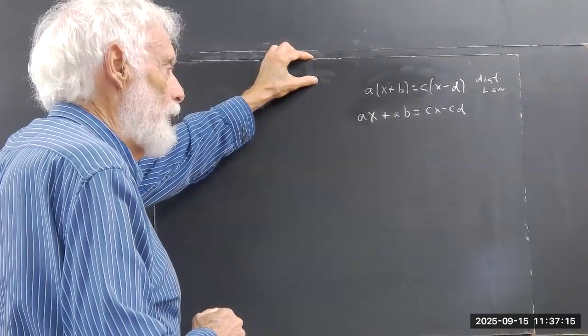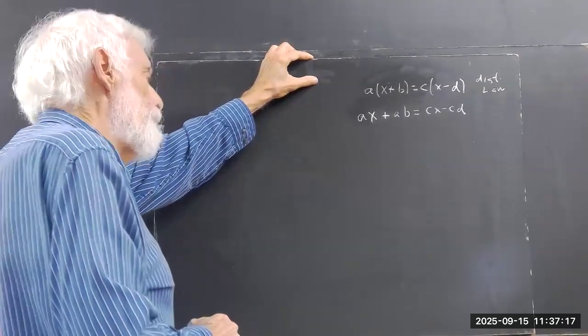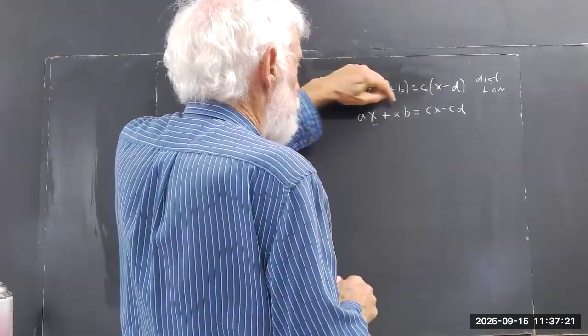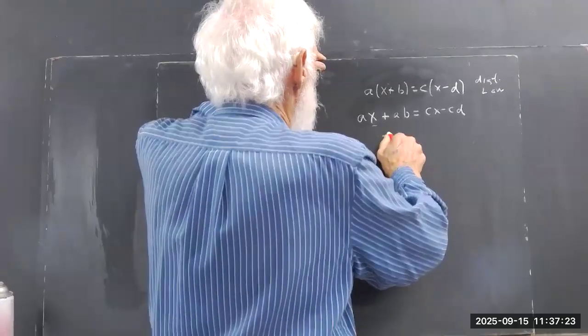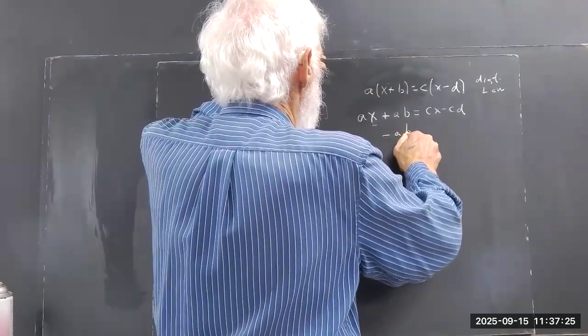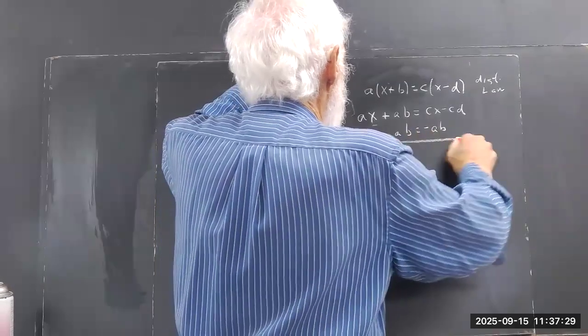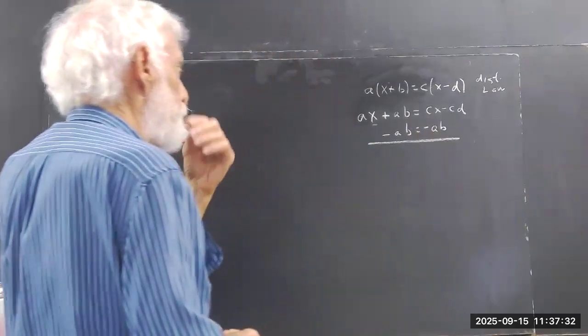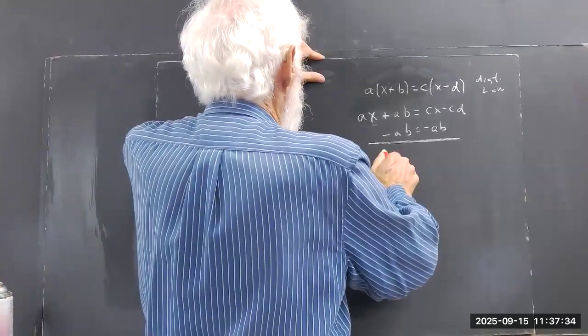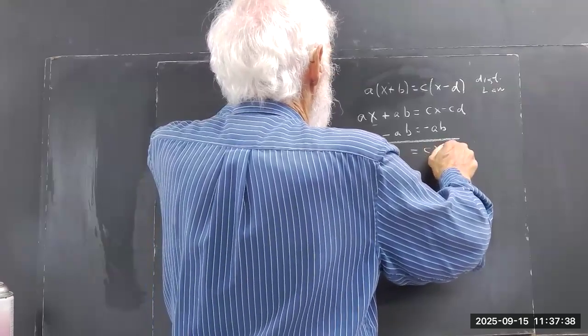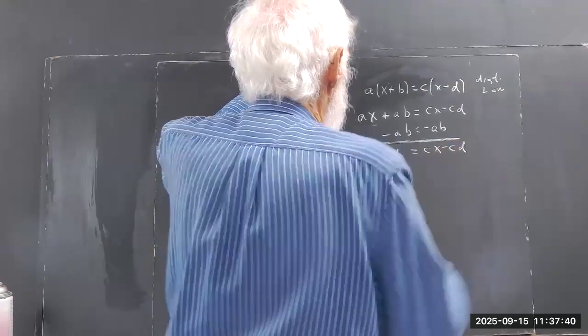Okay. Then you probably want to get this X over here, keep this X on this side. So you're probably going to subtract AB. And it's going to leave you with AX equals CX minus CD.